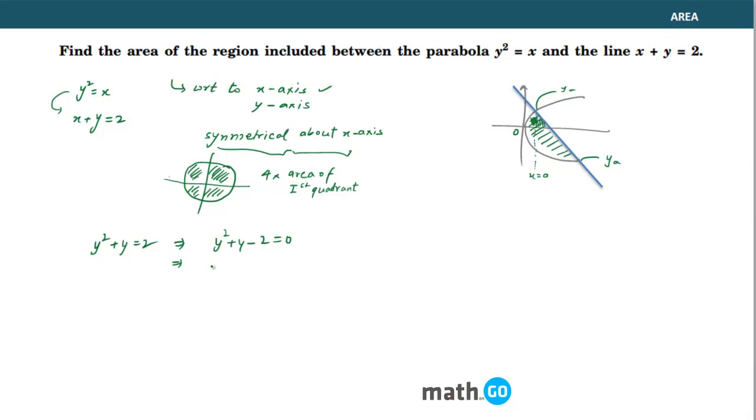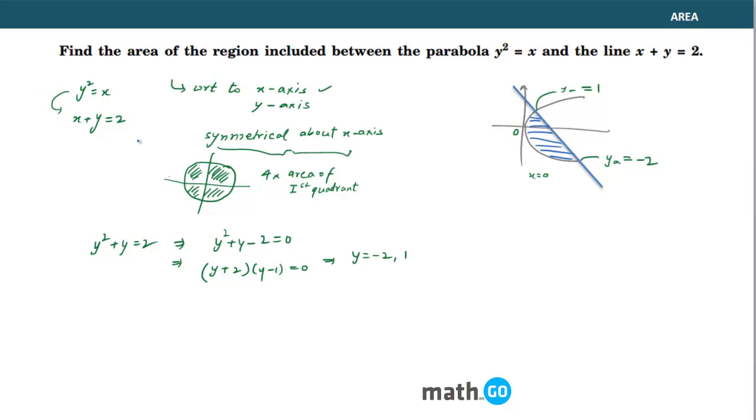This reduces to y plus 2 into y minus 1 equal to 0. This implies y is equal to minus 2 and 1. So this value is nothing but minus 2 and this value is nothing but 1. Now you can try to draw horizontal rectangles, that is now completely feasible for me, right? Horizontal rectangles are possible now.